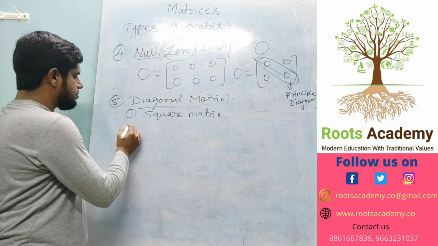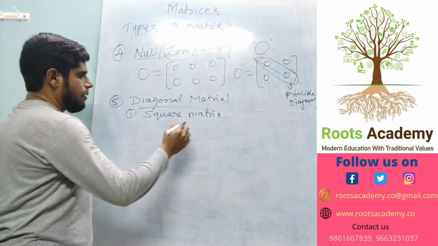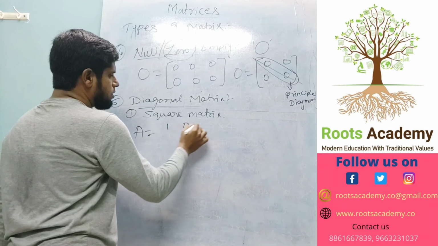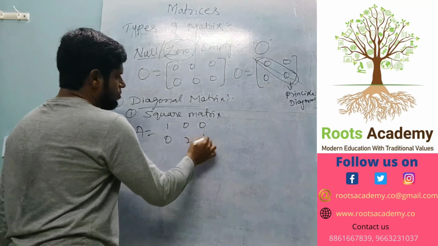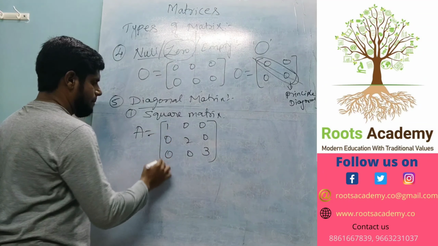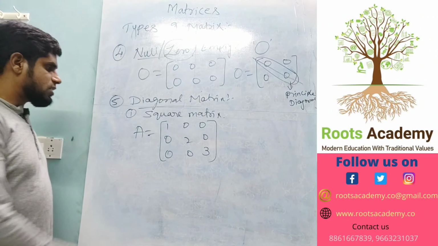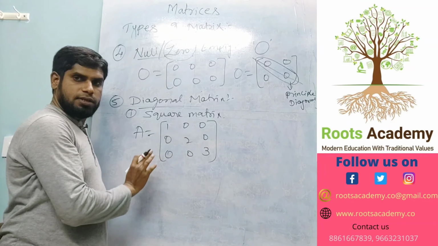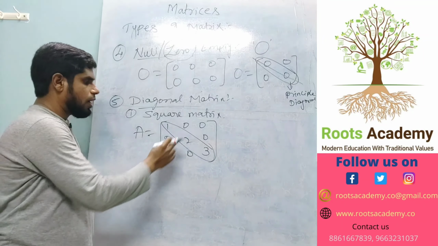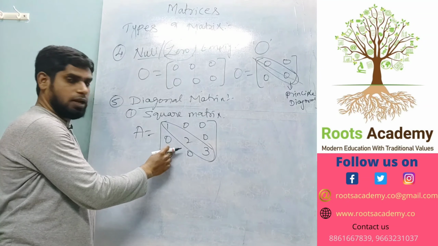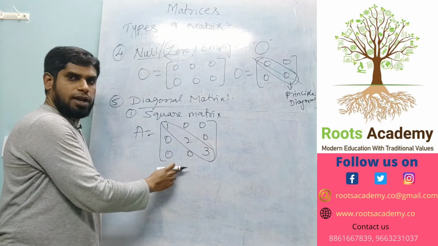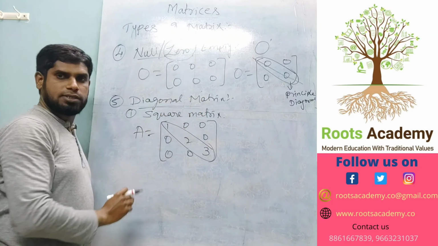For example, if I have the matrix 1 0 0, 0 2 0, 0 0 3, first of all, this is a square matrix. Then only the diagonal elements are present, and the upper diagonal and lower diagonal elements are 0. This kind of matrix is called a diagonal matrix.